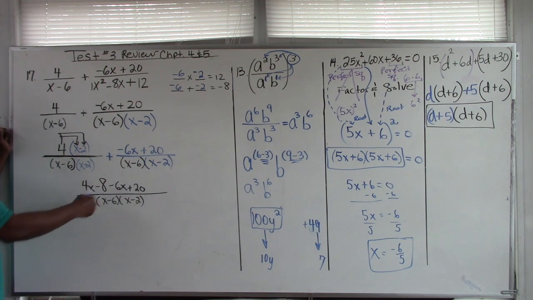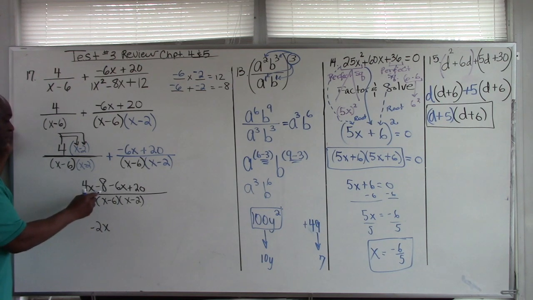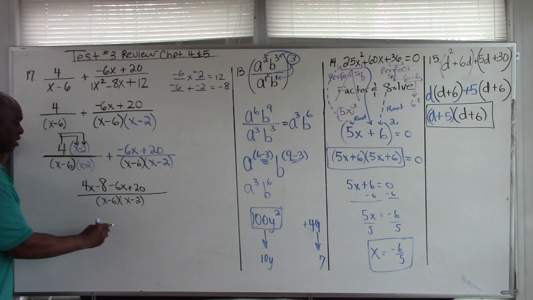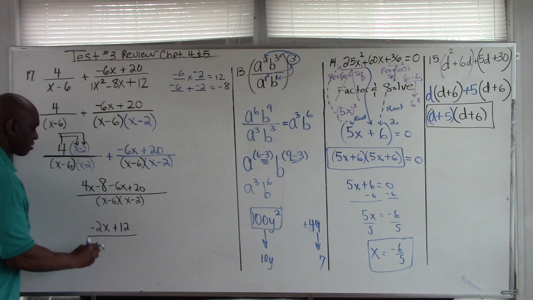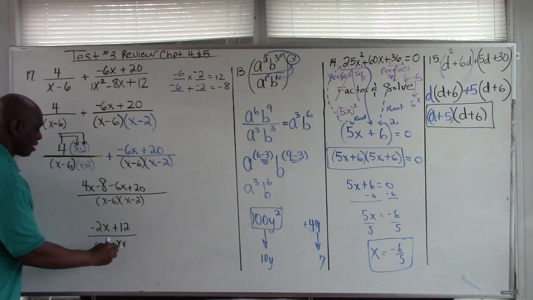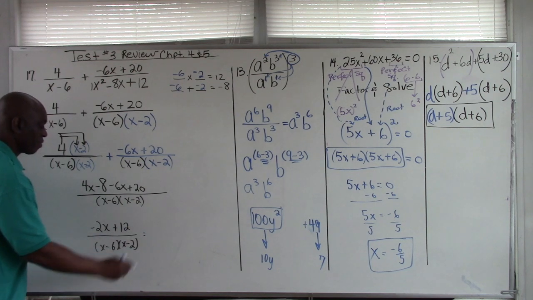Combine like terms in the numerator. I have 4x and a minus 6x. That's going to give me a minus 2x. And negative 8 plus 20, that's going to give me plus 12 all over x minus 6 times x minus 2, which is going to equal.